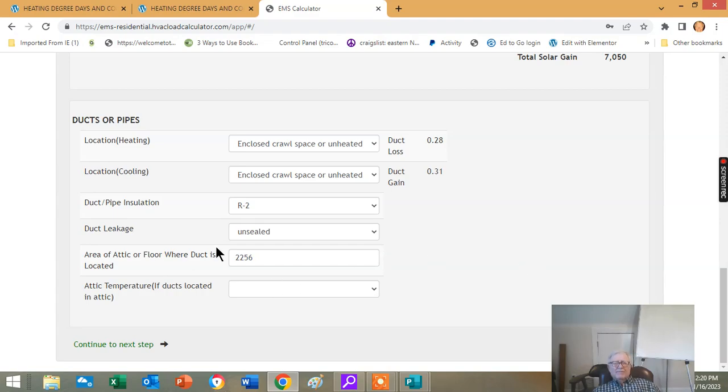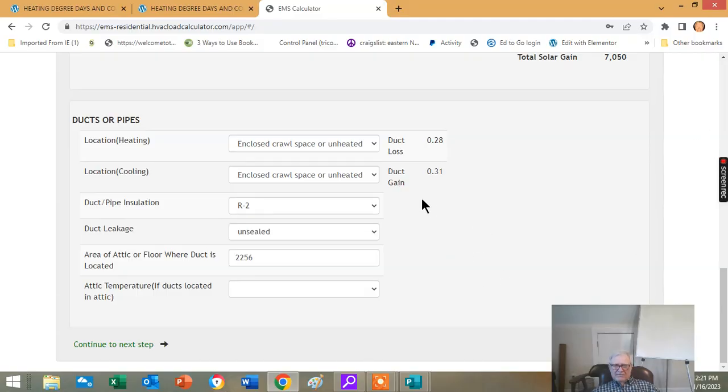By the way, the duct loss for heating is 28% or 0.28, and the duct loss or gain for cooling is 31%. So 31% of your cooling is getting lost underneath the house through your ductwork.